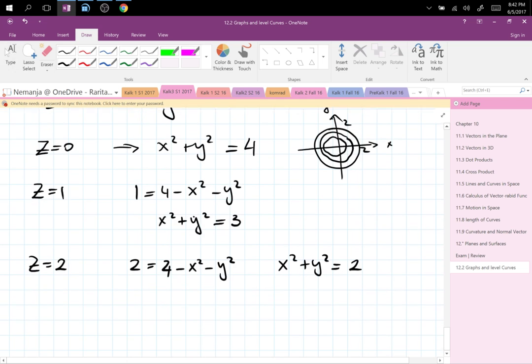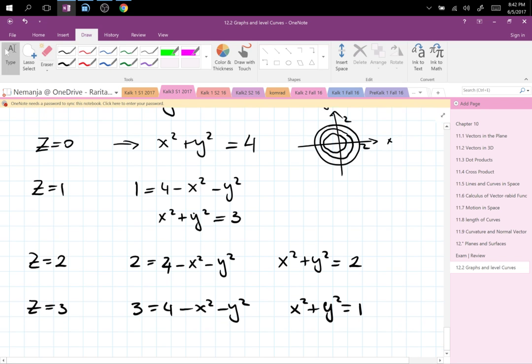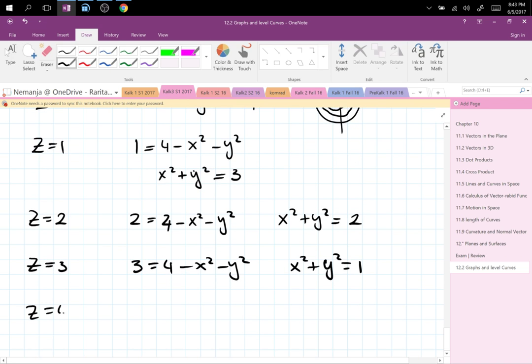z equals 3 gives us x squared plus y squared equals 1. z equals 4 gives us 0. x squared plus y squared equal to 0, and that's a point. 0, 0 is just the origin.